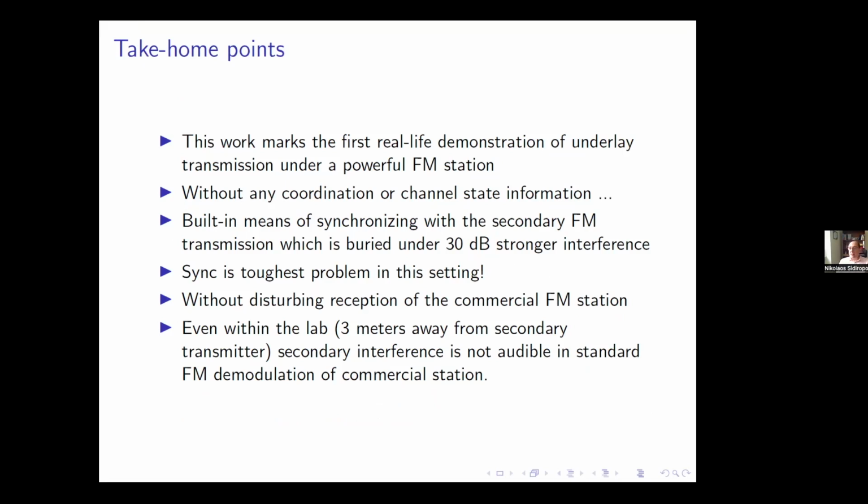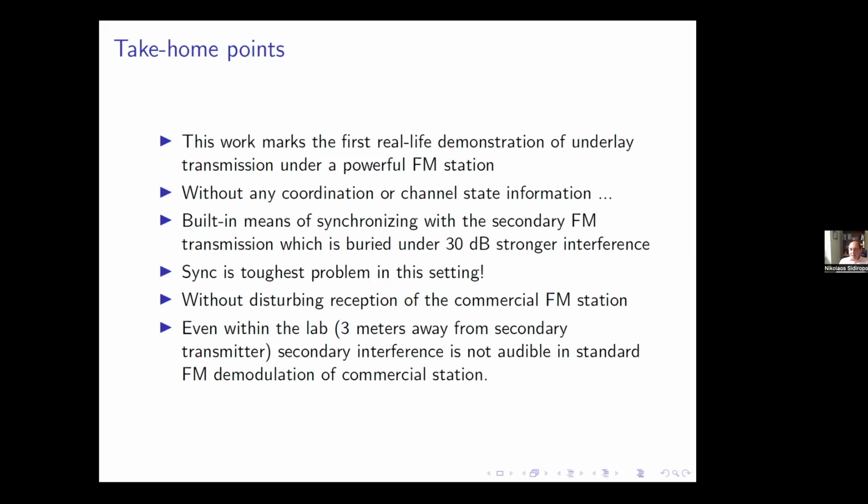To the best of my knowledge, our work with support from CCI this past spring and summer marks the first real-life demonstration in real time, actually, of underlay transmission under a powerful FM station in the lab, right?